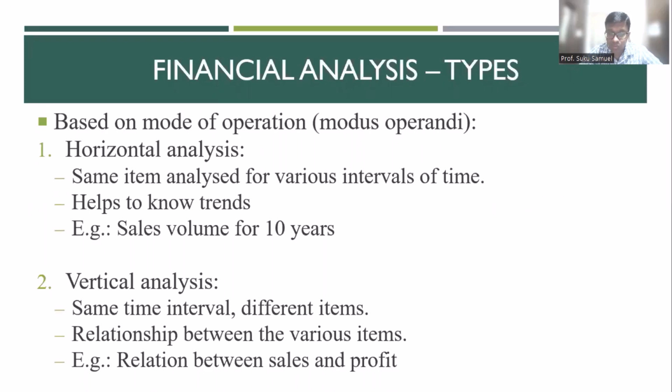Vertical analysis, what happens is you are picking up the same time interval, but you're trying to see what the relationship is between two or three different items. That is called vertical analysis. So horizontal analysis: same item, different time intervals.